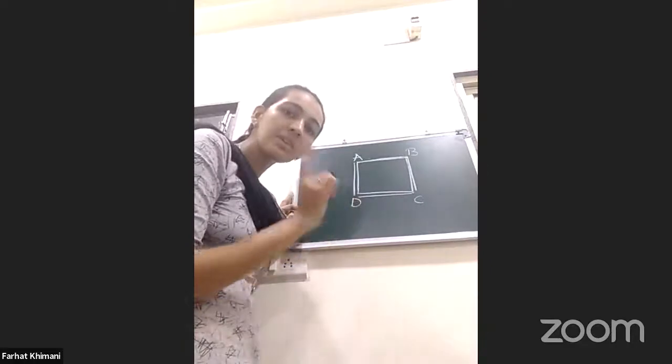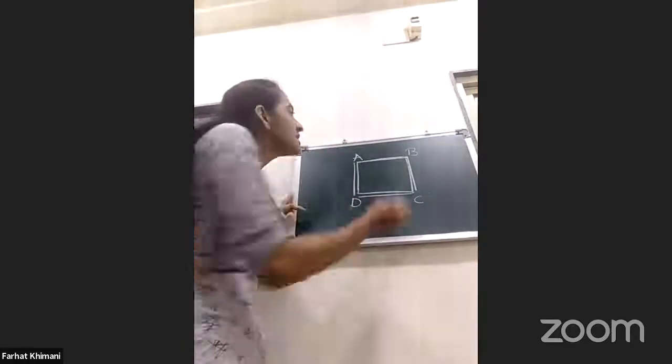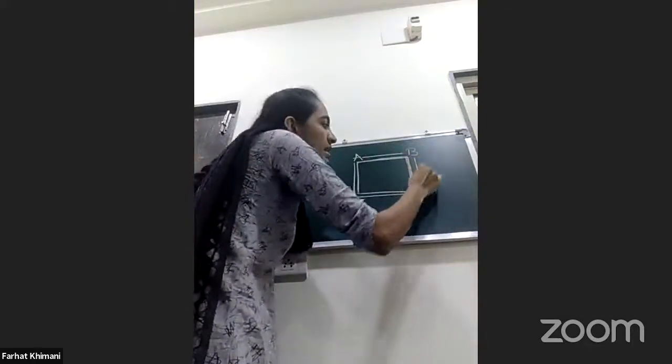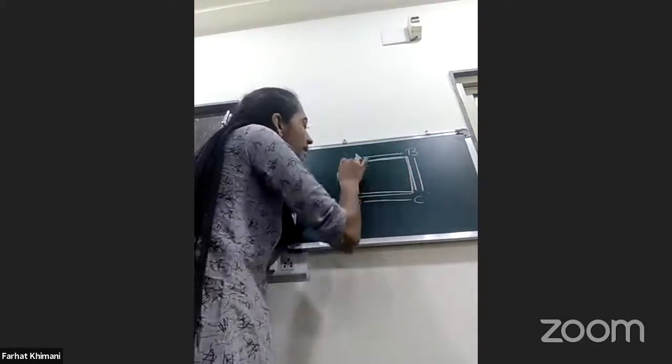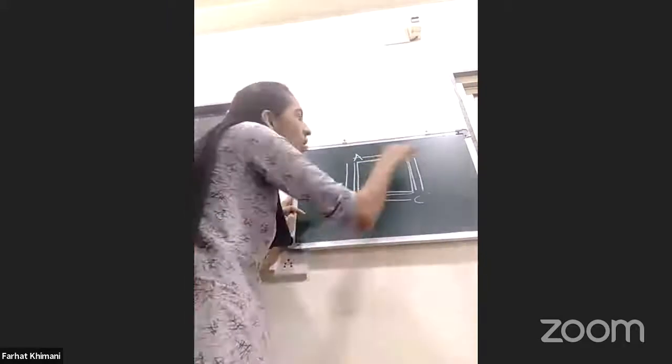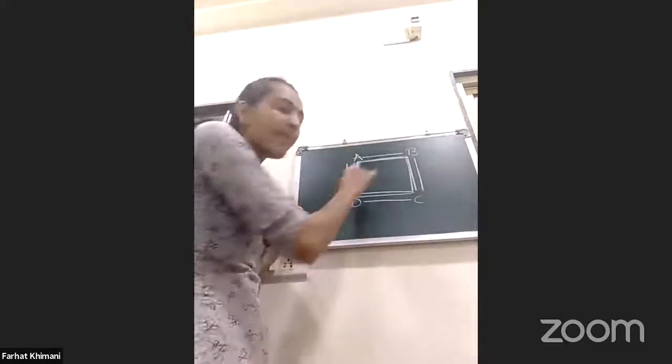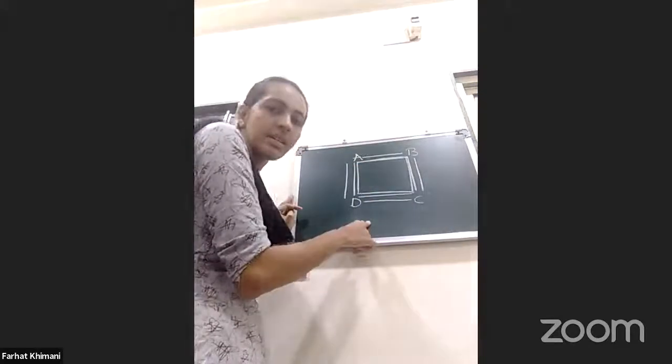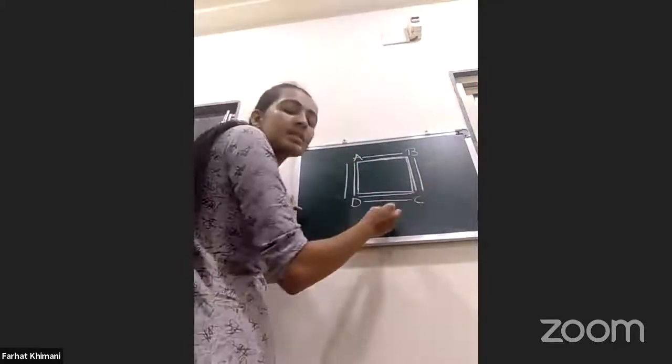For finding out the perimeter, we will add all the sides, AB, BC, CD, and AD. We will add, not multiply, all these four sides together. Then the measurement we get is called the perimeter.